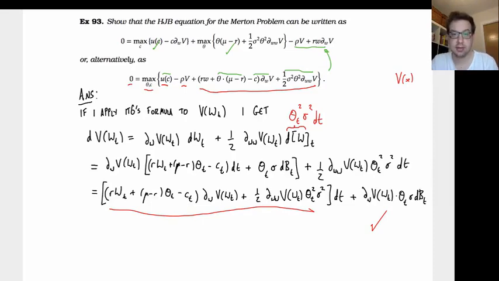So next thing we're going to have to go about trying to solve this a bit. One part of this optimization is not too difficult to solve. We've got this maximization over theta of a linear term plus a quadratic term.